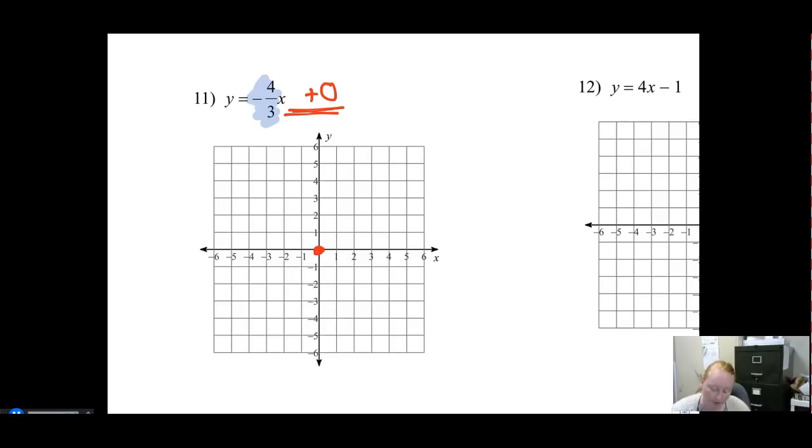I'm going to move down 4, and I'm going to move over 3 to the right. I'm going to add my arrows, and that's my line. I am going to show you that as I move from left to right, that line goes downwards.